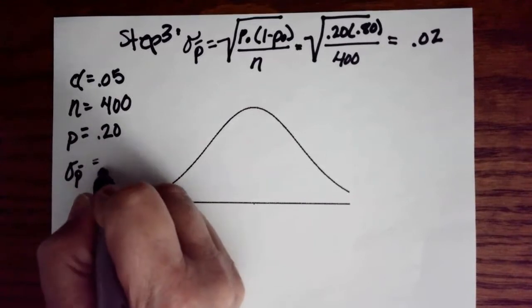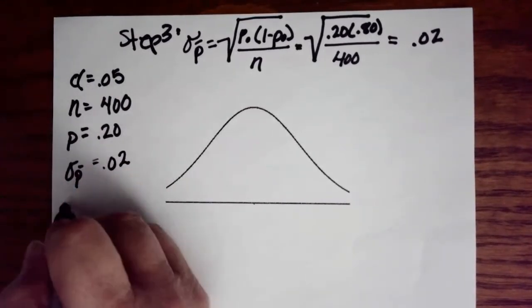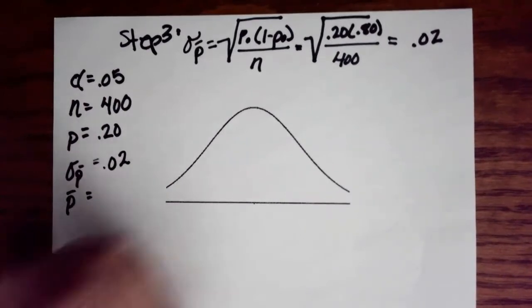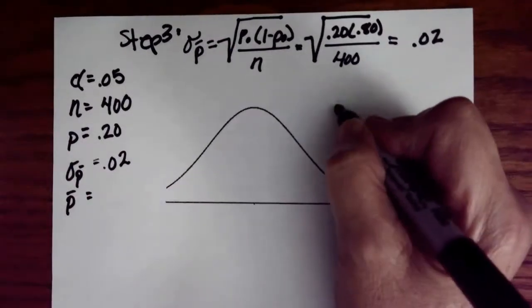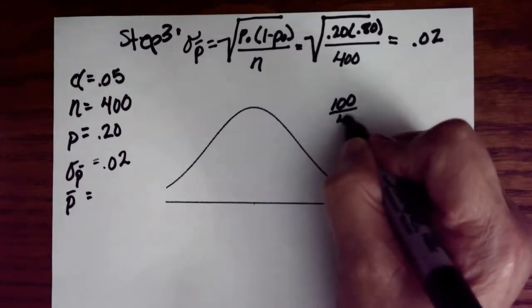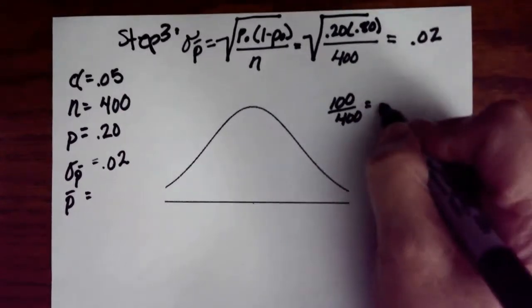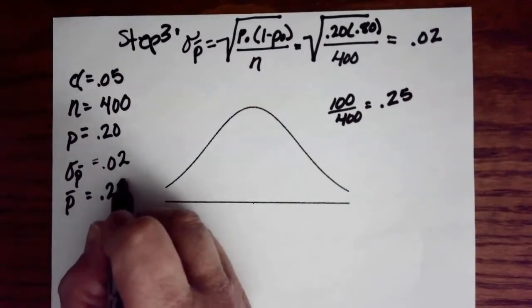So we have the value here for standard error of our proportion is 0.02, and our sample proportion, you should have come up with in that data file, you should have ended up with 100 females over 400 total golfers, and that gives you 0.25. So our sample proportion is 0.25.